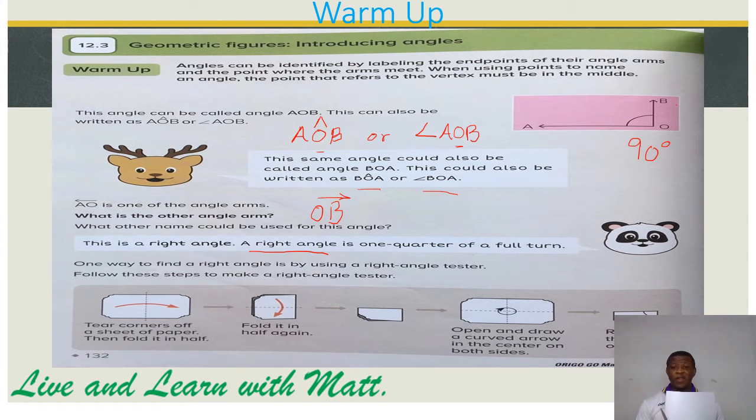We're going to follow these steps. We're going to tear corners off a sheet of paper, then fold it in half. So we tear the corners. And now let's fold it in half.